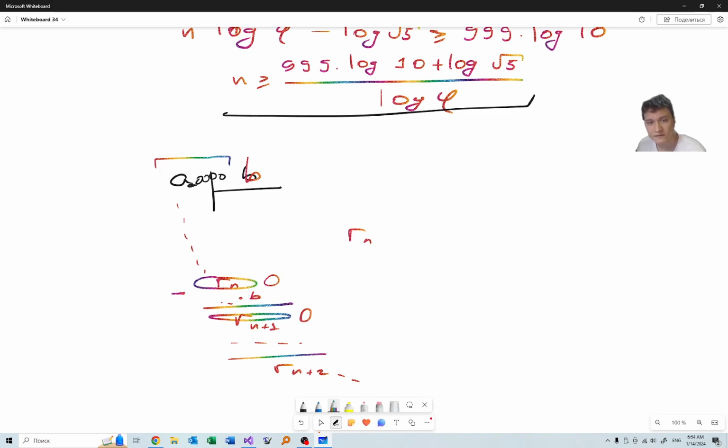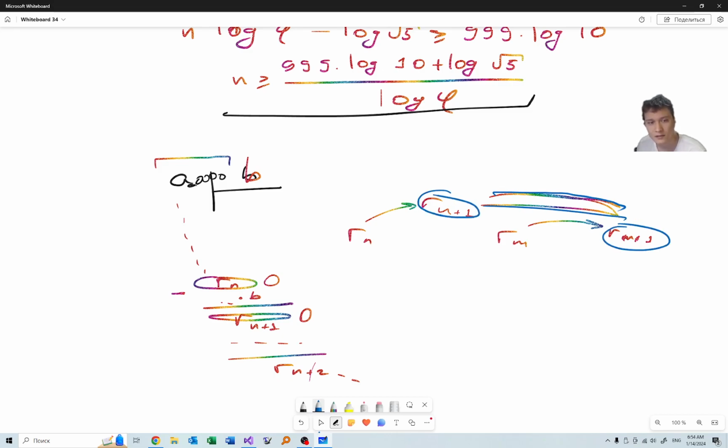If you have two equal residues, then the next residue will also be the same. Moreover, it is easy to prove that the same works backwards. So if you have two same residues, and they were obtained from some Rn and Rm by this operation of adding a 0 and subtracting something, then these two numbers are also equal.